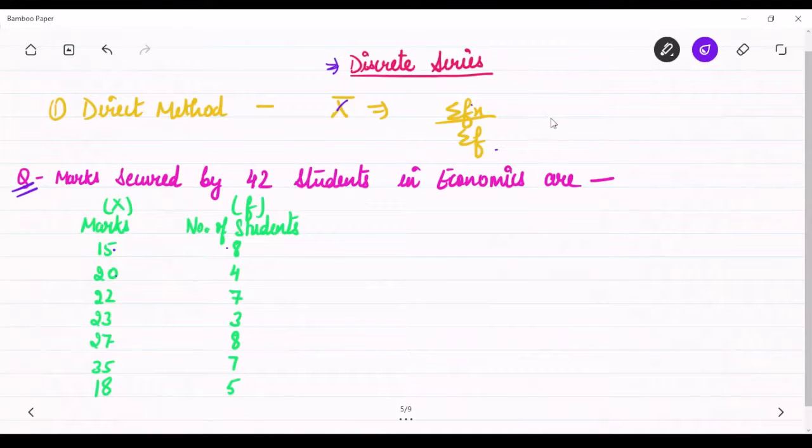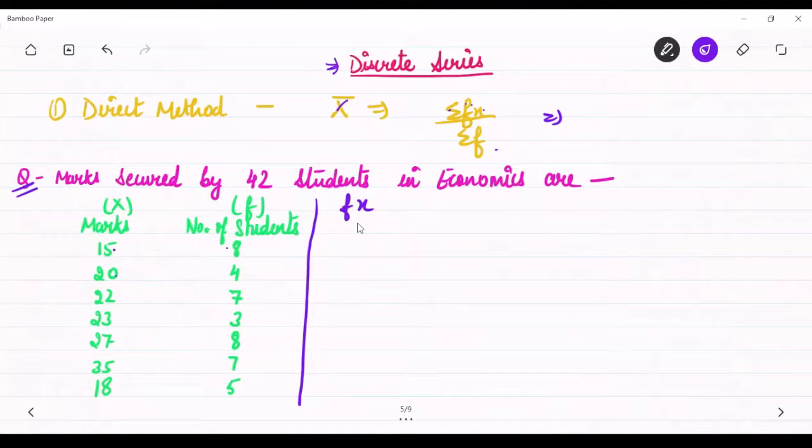Now what is the requirement of the question? We need sigma fx. Sigma fx means we need to calculate the product of f and x. When we calculate the product of fx, it is 15 into 8. Calculate it, we will get 120.